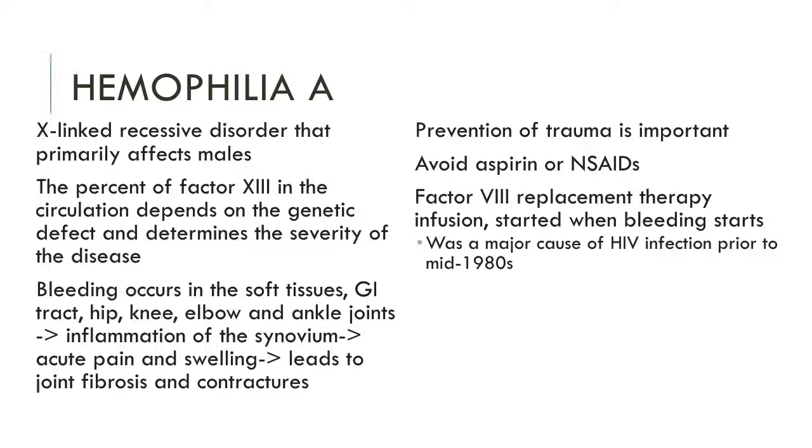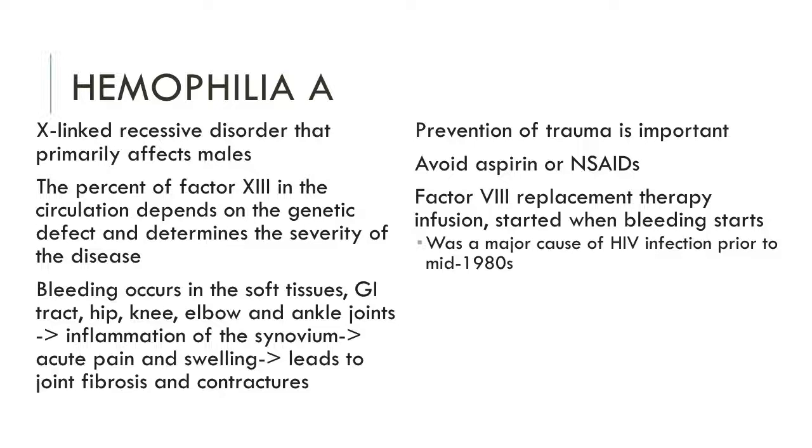Prevention of trauma is very important with somebody who has hemophilia A. If you think about it, if they get any type of head injury, they can have increased bleeding into the brain because of the lack of these clotting factors. These patients need to avoid aspirin and NSAIDs since that affects platelet aggregation.